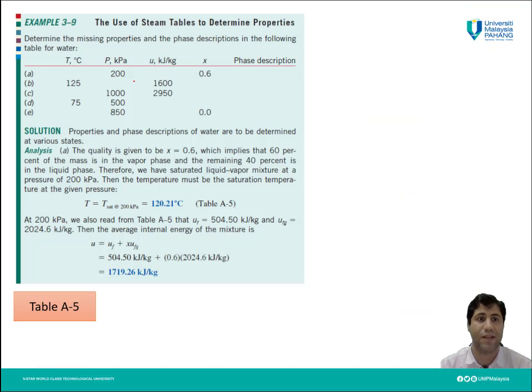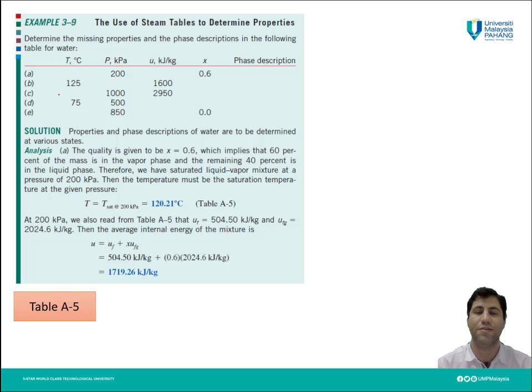Next, we will have an example, which is actually a comprehensive example of how we can find different properties in a table from some information about some properties, then how we can use that information to find the other properties in that table.